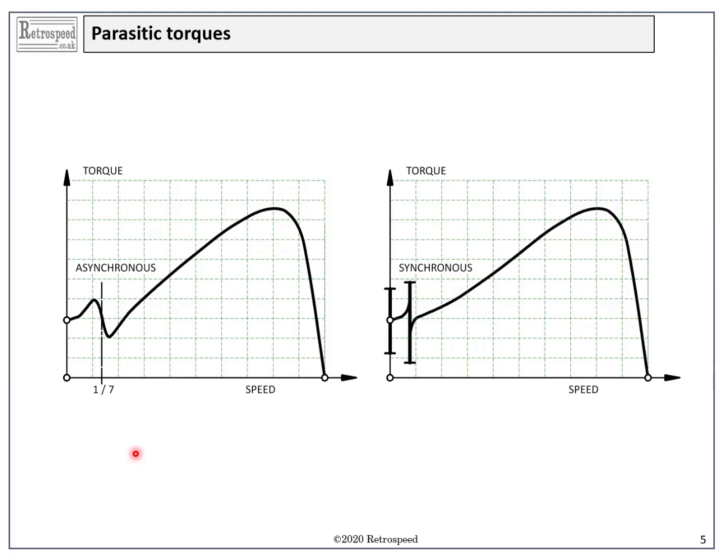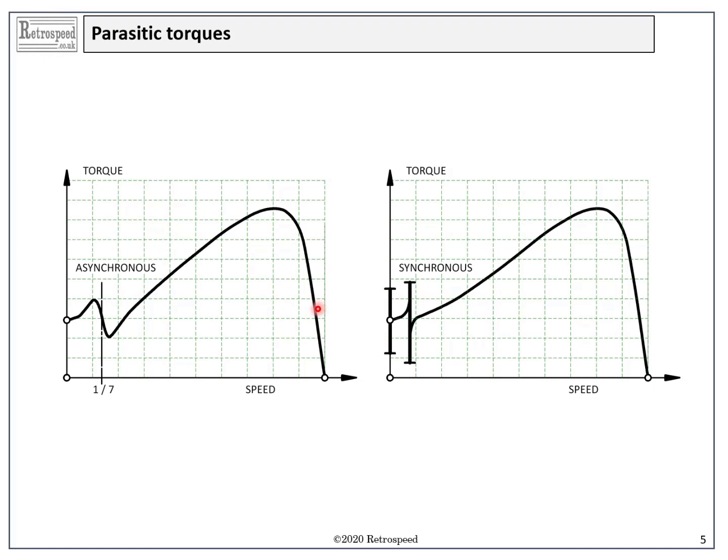Next we see the speed-torque characteristic, actually two versions of it, one on the right and one on the left. Since these are line start motors, they start from standstill and they must accelerate under their own asynchronous torque all the way up past the breakdown point to a speed near synchronous speed where they're supposed to settle.